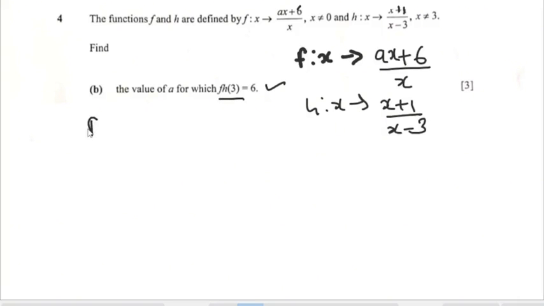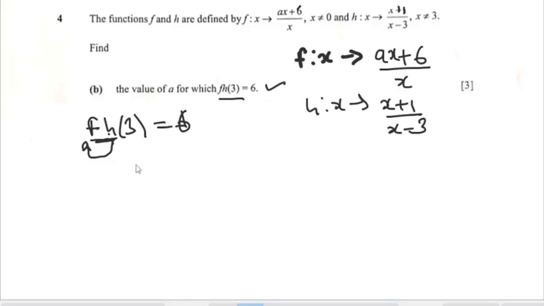So we have fh of 3 is equal to 6. Okay, so the first thing, let us work out with this, because this is a composite function. So this means the function of h, we will go and substitute where we have the variable x on the function of f.